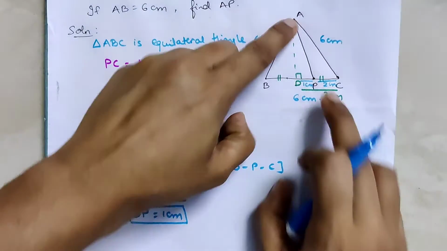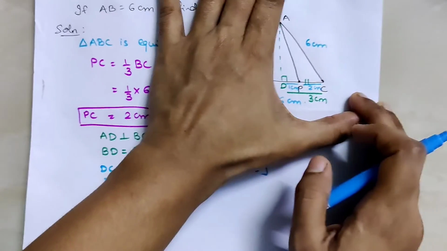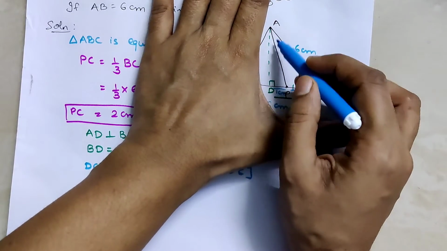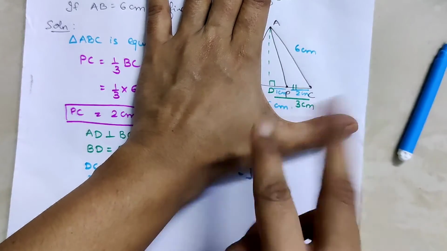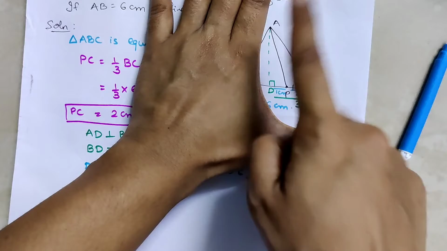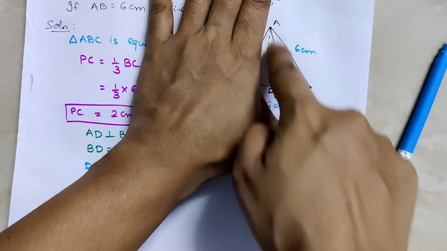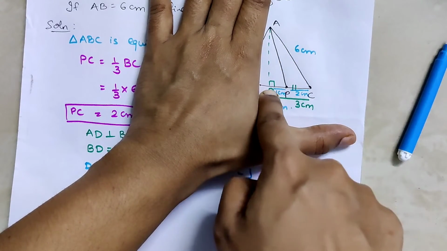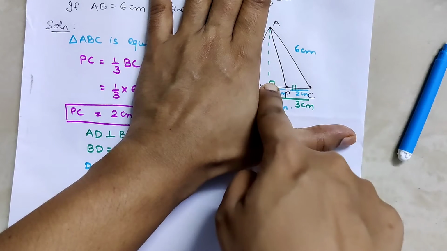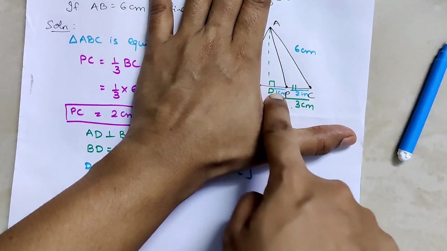In order to find this AP, children, see the right hand side, we are going to use Pythagoras theorem twice. कैसे? एक तो बड़ा वाला ट्राइंगल लेंगे ADC, तो हमको ये perpendicular AD मिलेगा. Once we get this perpendicular, then we have the base DP.